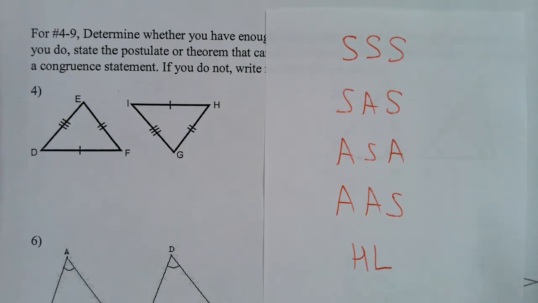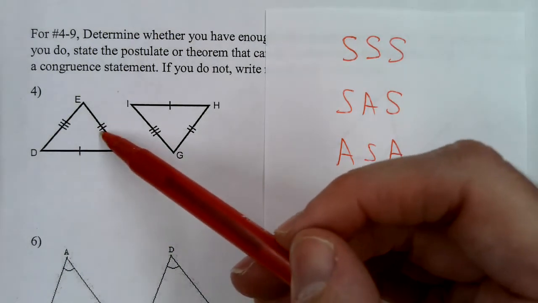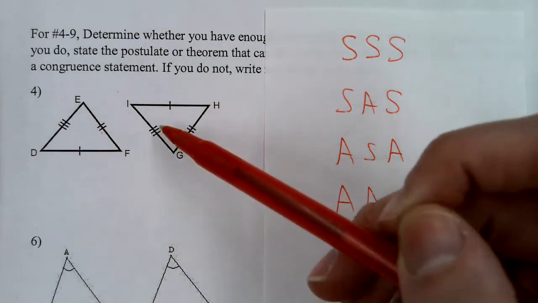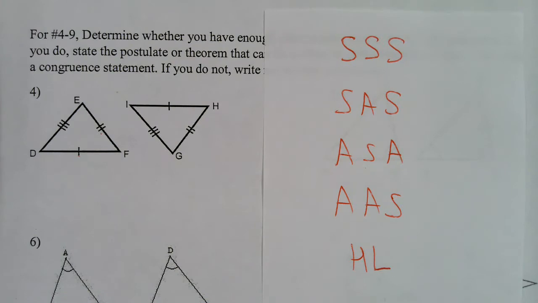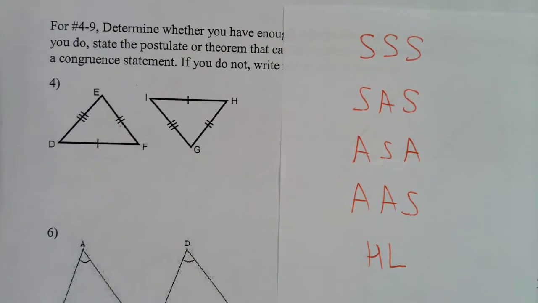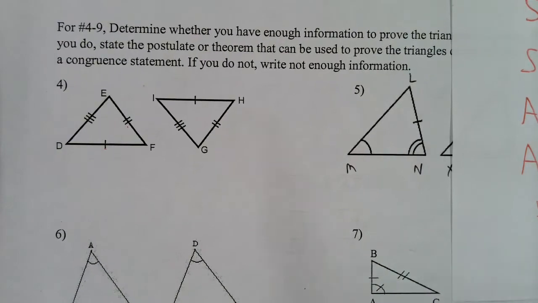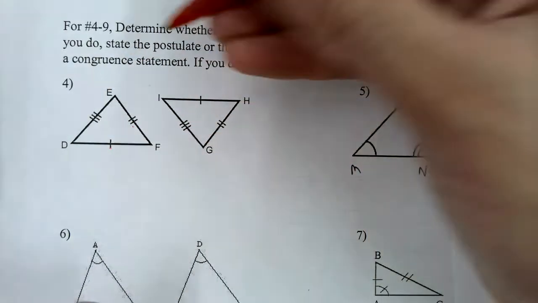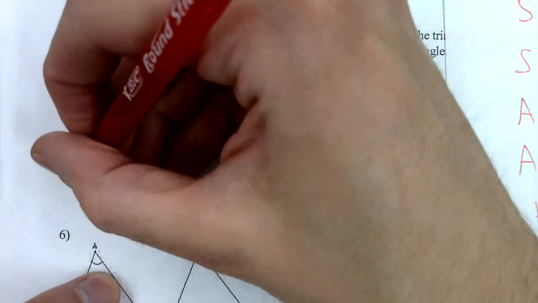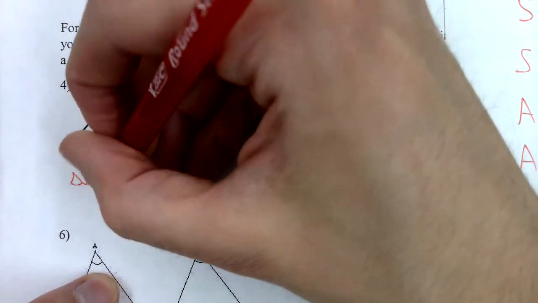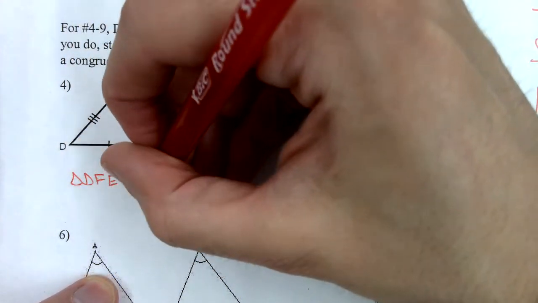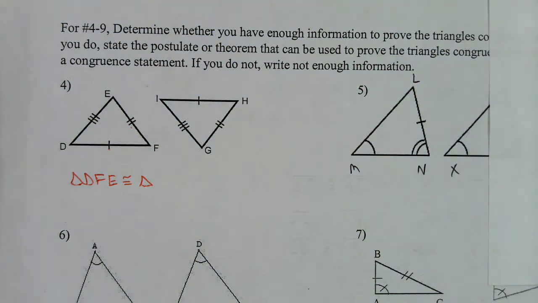So number 4, side, side, side. This one is going to be yes, because of side, side, side. But you have to write a congruent statement. For example, triangle DFE. Now the order matters.